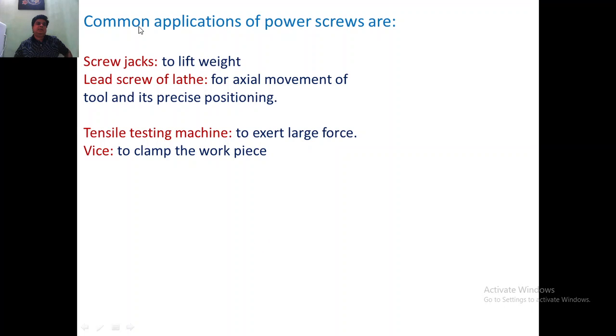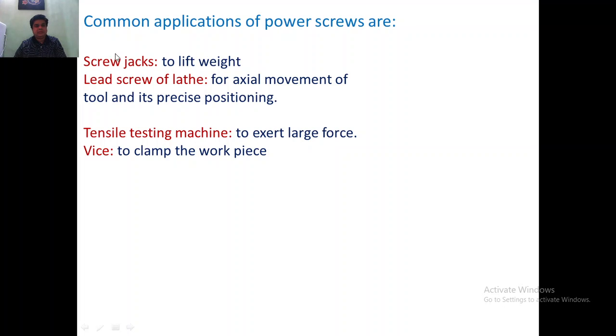Coming to the day-to-day life or engineering applications of these power screws, the best example is the screw jack, which I use particularly in automobiles to lift the chassis whenever you want to replace the wheels or tires.